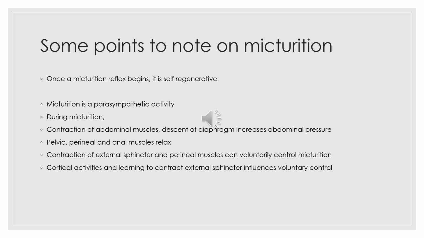See, the contraction of abdominal muscles and descent of the diaphragm increase abdominal pressure. And this increase in abdominal pressure facilitates the urine flow during micturition. Not only the increase in abdominal pressure, but relaxation of the pelvic, perineal and anal muscles also facilitates the flow of urine during micturition.